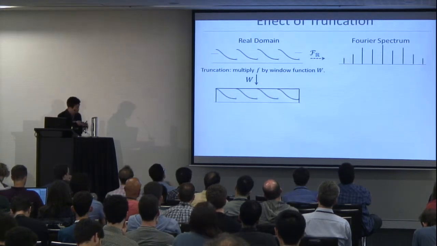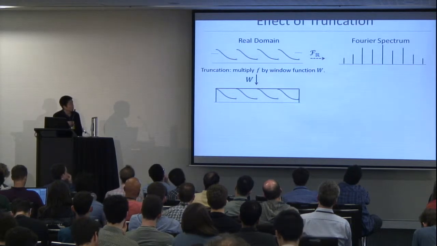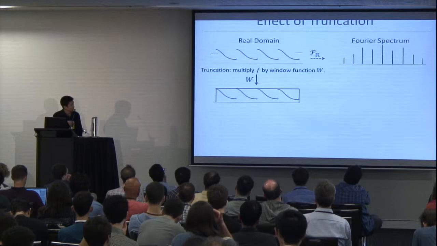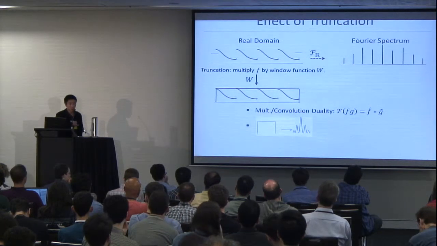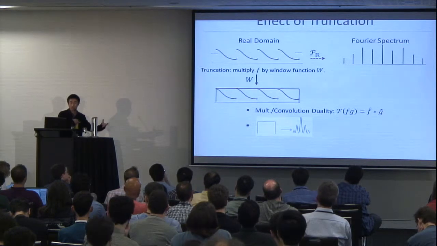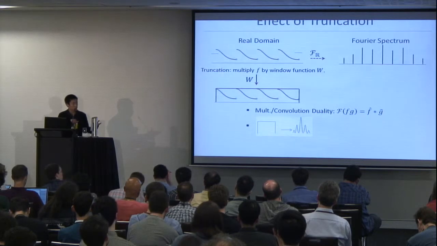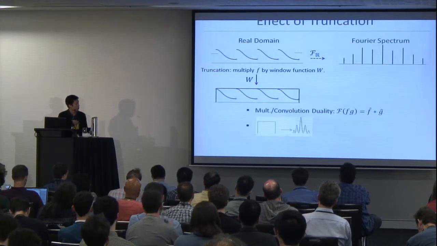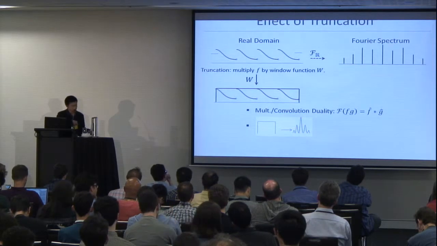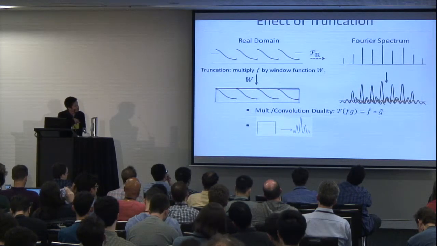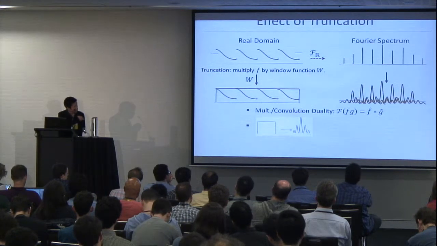First, truncation, which is we multiply the function by some window function W. By the multiplication and convolution duality, we know that the Fourier transform of the product of two functions will be the convolution of the Fourier transforms of each individual function. Since the window function's Fourier transform looks like this, we get a spectrum that looks like this picture.